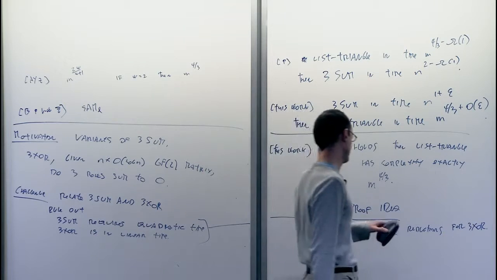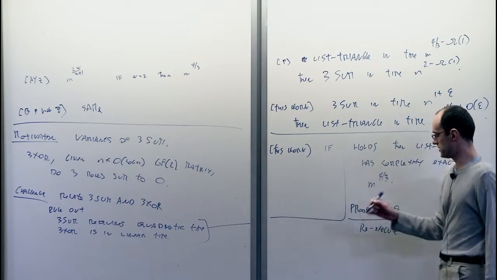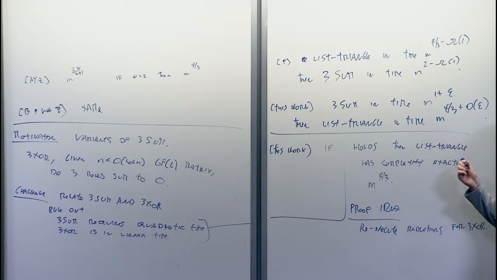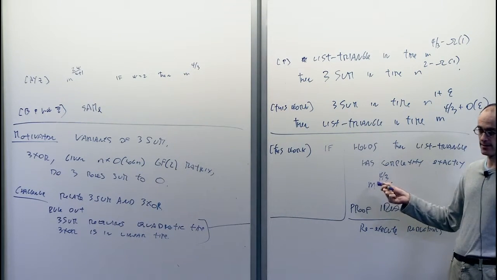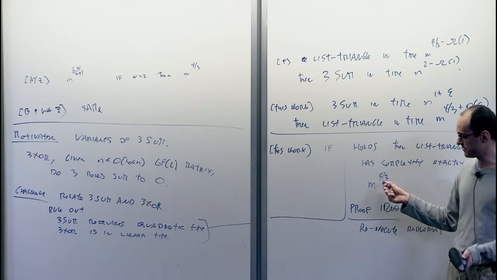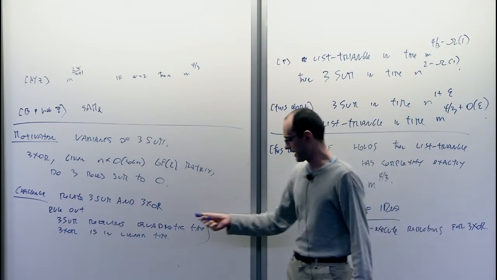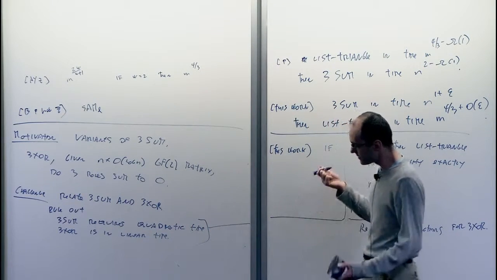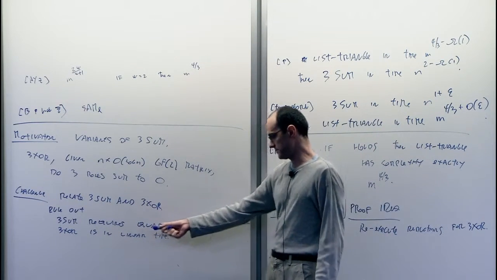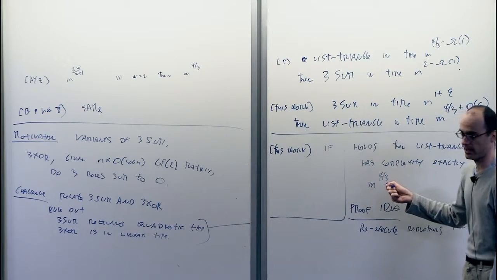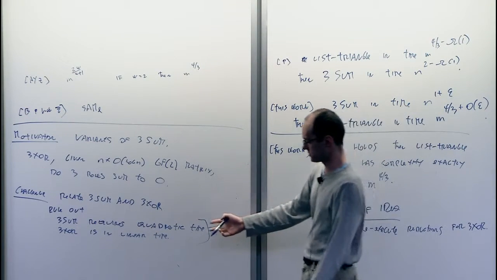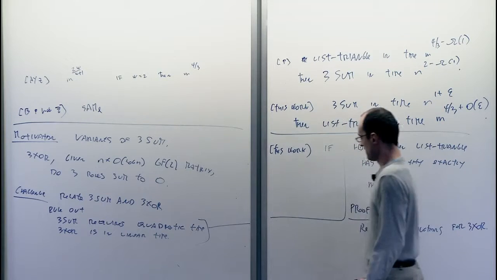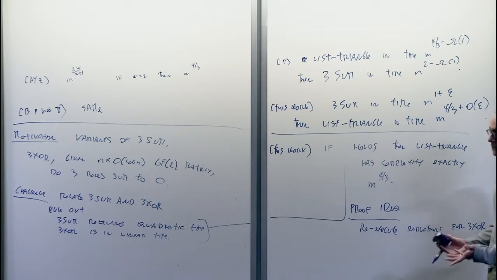Okay? So that means that in that scenario, this would be the complexity of listing triangles. Why is that? Because if this thing was any faster than that, then by Patrascu's result, you would get subquadratic time for 3 sum. And the fact that 3 XOR is linear time means that the complexity is not higher than this. Okay. And the same thing holds if you swap the roles of these two.